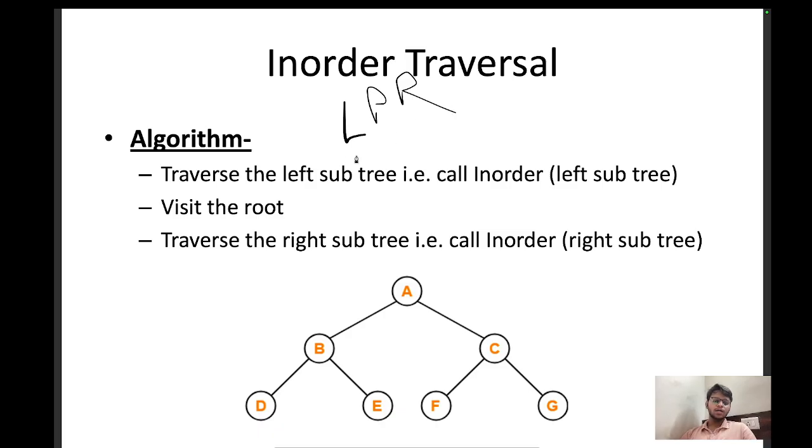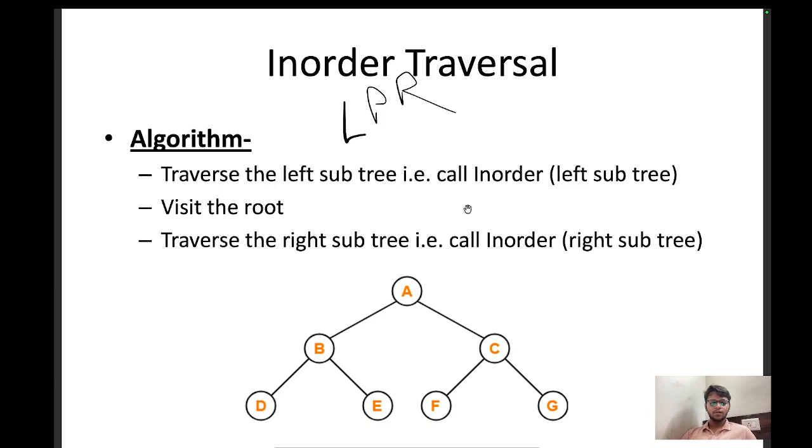L denotes the left subtree, P the parent, and R the right subtree. So left, parent, and right.